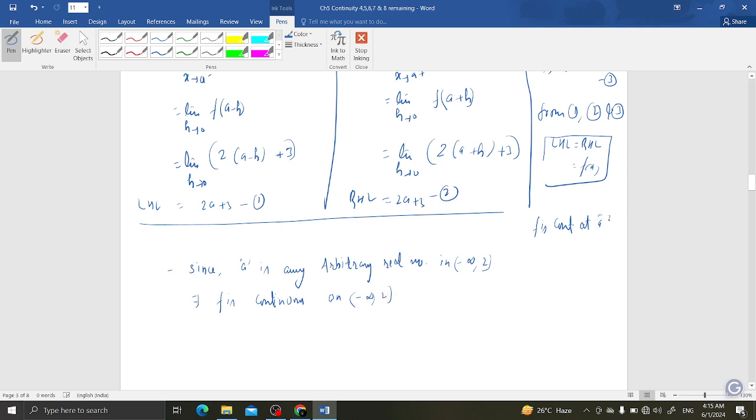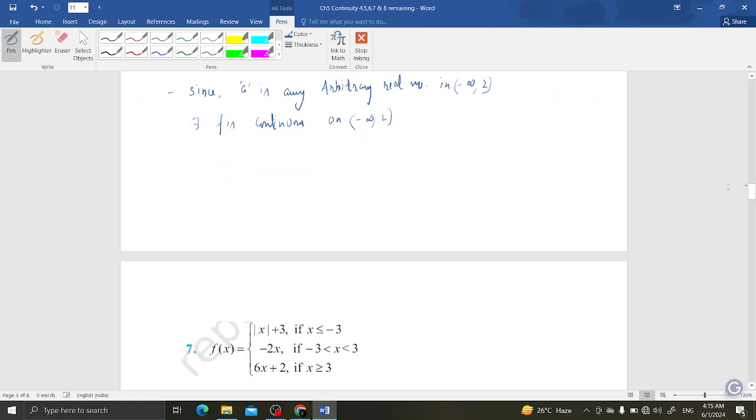Now we completed the first part, that it is continuous on the left of the 2. Now we need to discuss at 2. The right of the 2 we will check later; the left of the 2 I already checked. At 2 I need to check the b part.